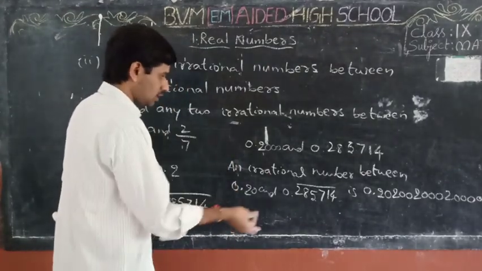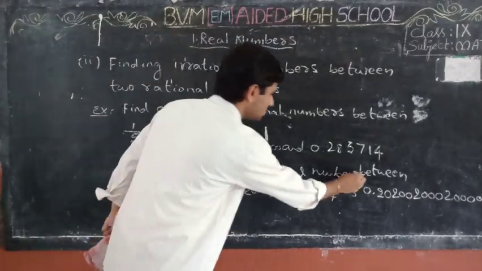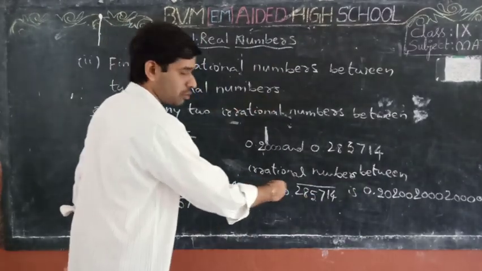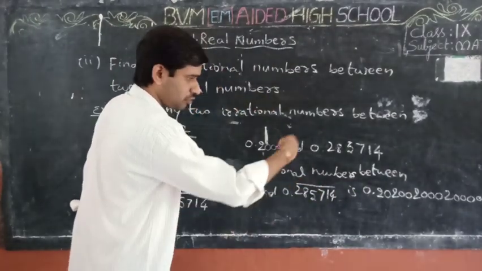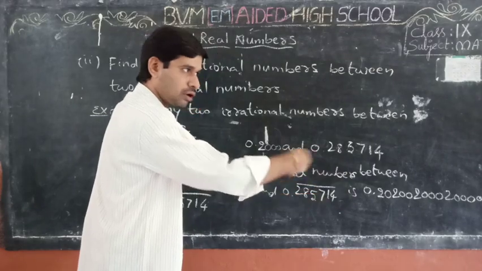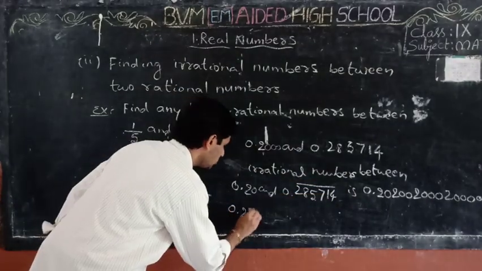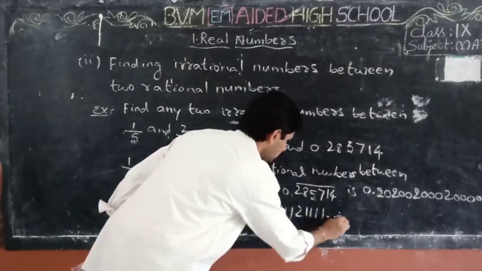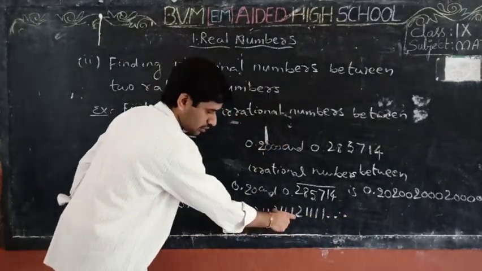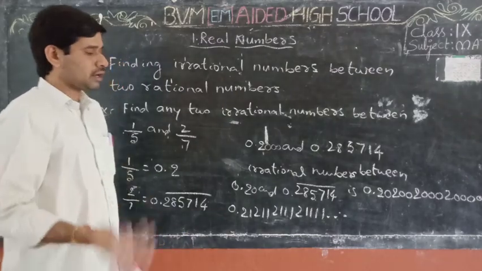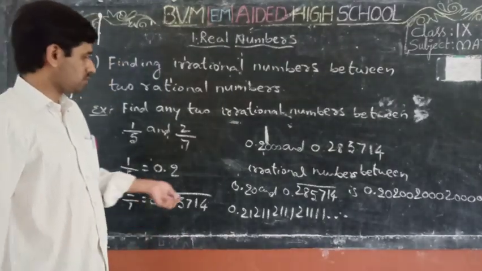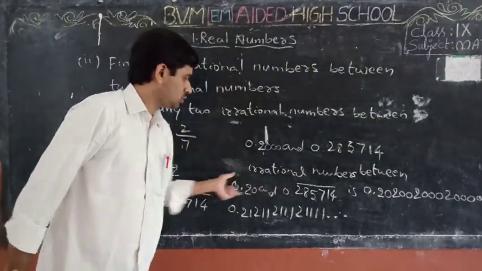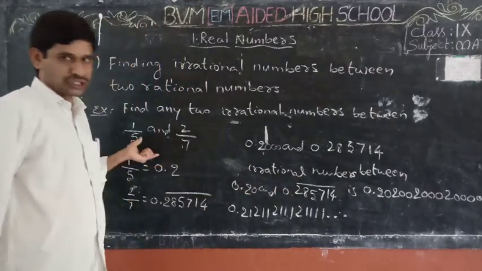If you want another irrational number between 0.20 and 0.285714, write another non-terminating, non-recurring decimal: 0.21, 211, 2111. This is not a repeating pattern. You can write any non-terminating, non-recurring decimal between two rational numbers.